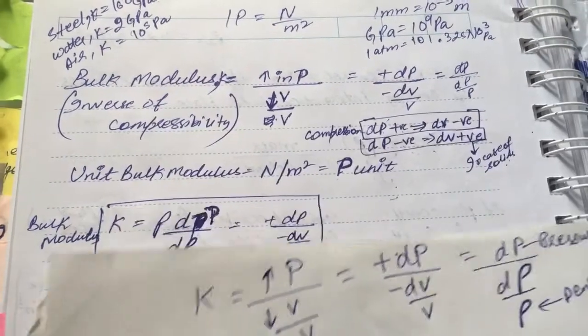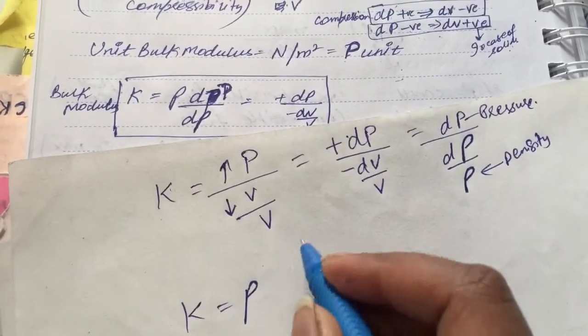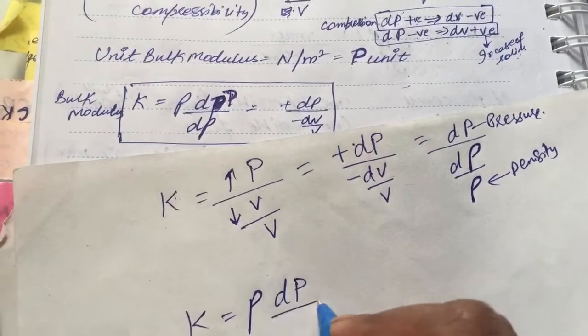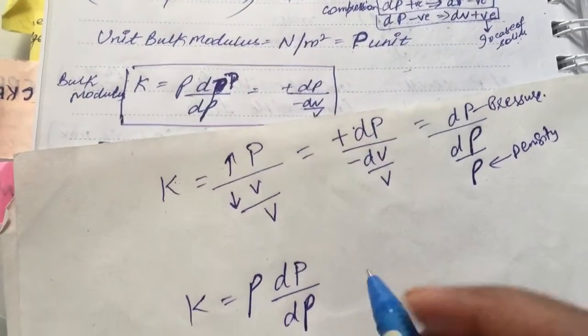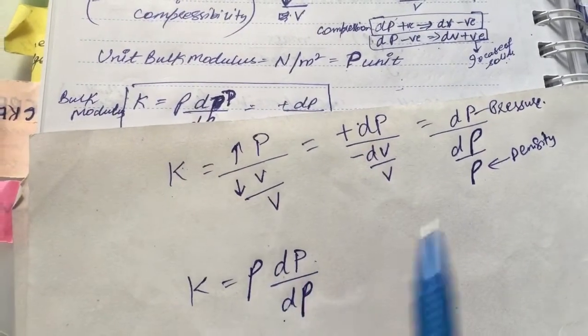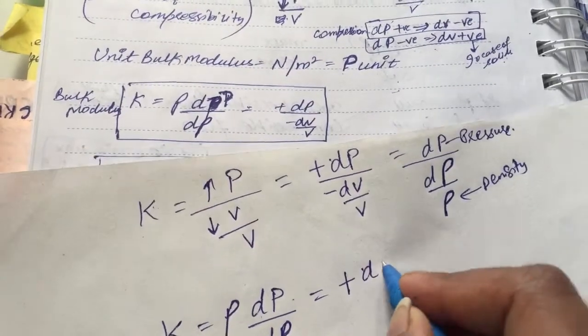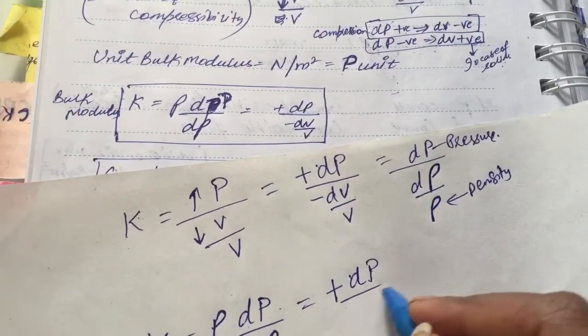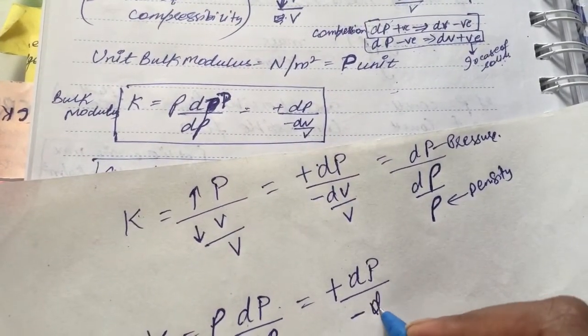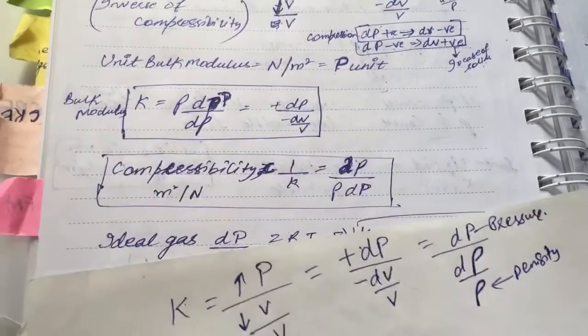So bulk modulus K is equal to rho, density, into dP by d rho, density into change in pressure by change in density, equal to increase in pressure upon decrease in volume by volume.